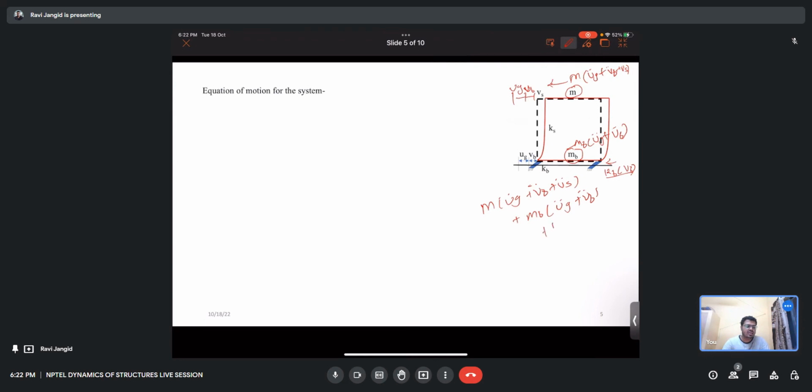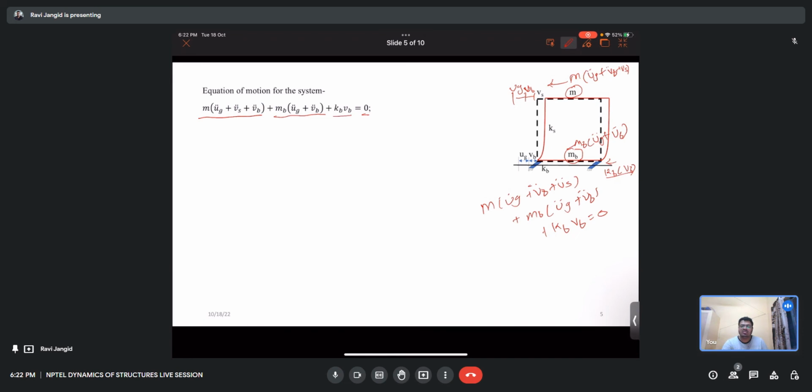So K_b times v_b is equal to 0. Okay, so I have written this: M times (u_g double dot plus v_s double dot plus v_b double dot) plus m_b times (u_g double dot plus v_b double dot) plus K_b times v_b.